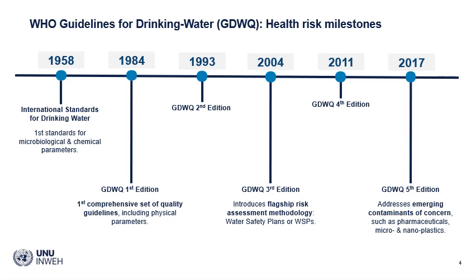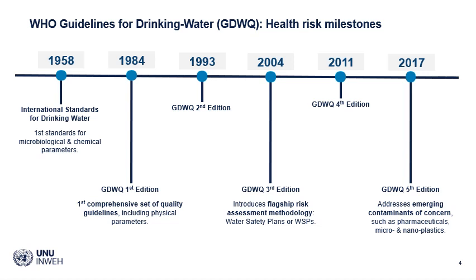In 1958, the first international drinking water standards covering microbiological and chemical parameters were established. One of the major strategies that helped make sure that standards were met was the release of drinking water quality guidelines by the World Health Organization.